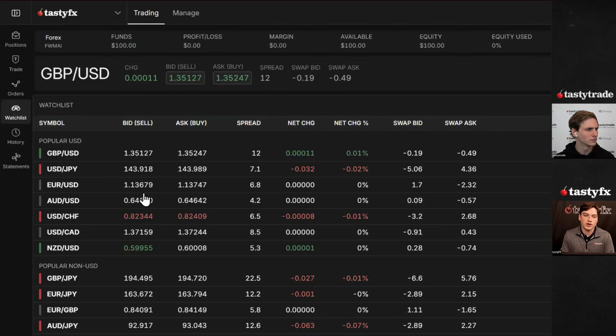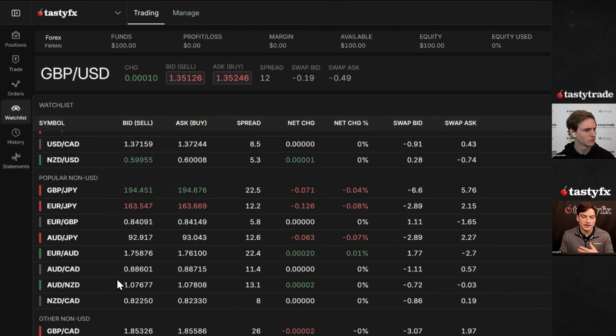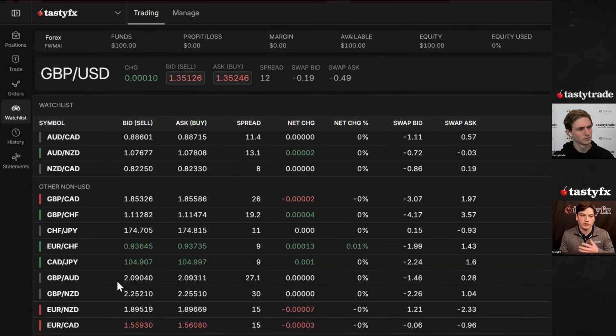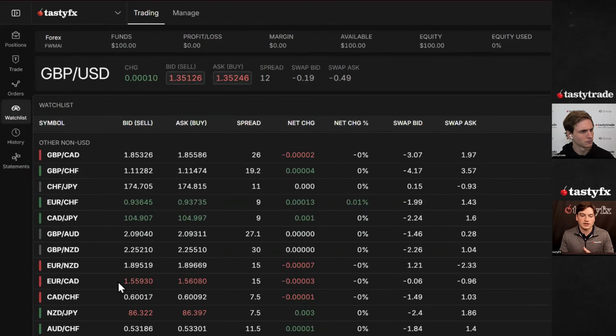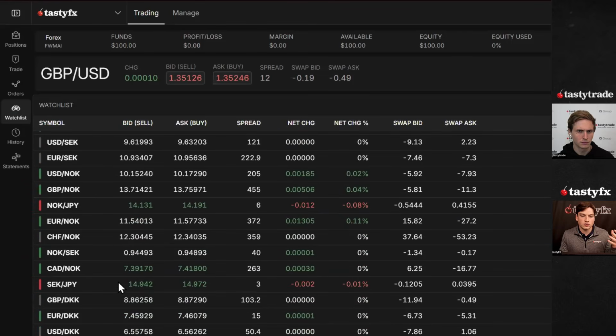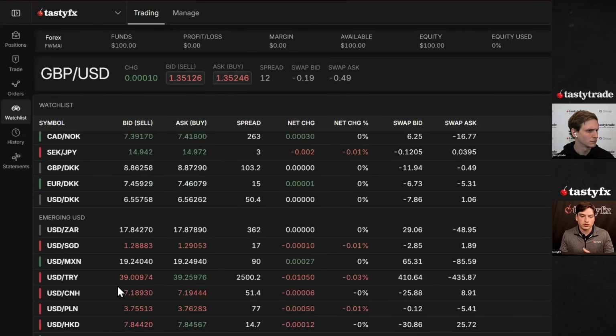We've got popular US dollar pairs first, followed by popular non-US dollar pairs, and then getting into some more granular crosses, perhaps less liquid, but can give you the unique exposure you're looking for, like dollar peso.